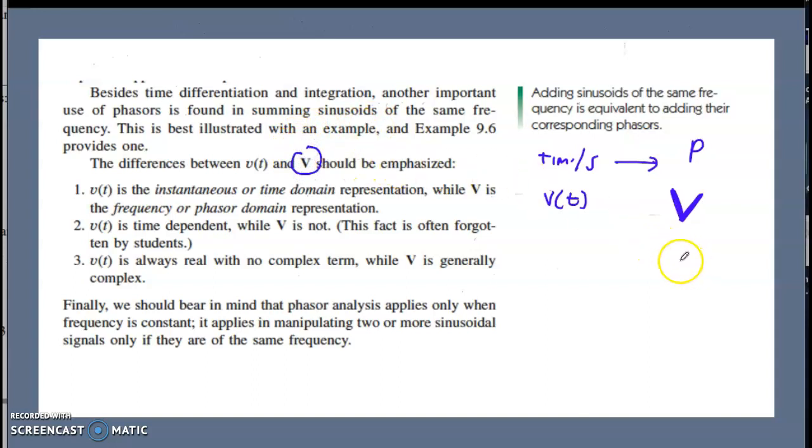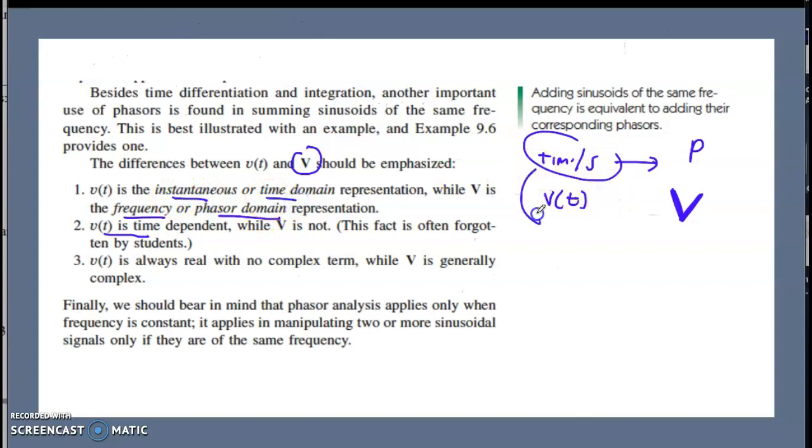In phasor, this V is not time dependent. In your sinusoid, your v here is time dependent. The phasor is a frequency or phasor domain representation, while the sinusoid is an instantaneous or time domain representation.